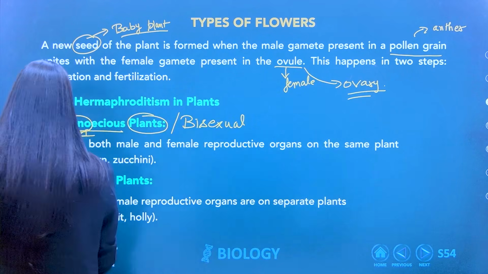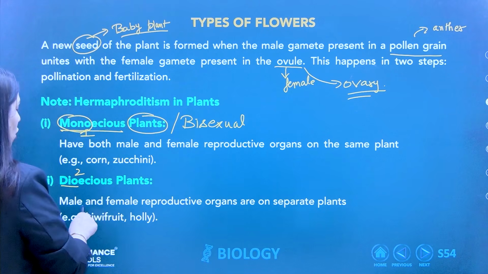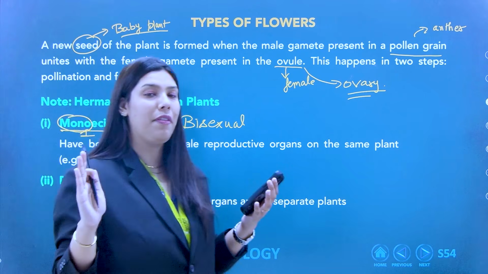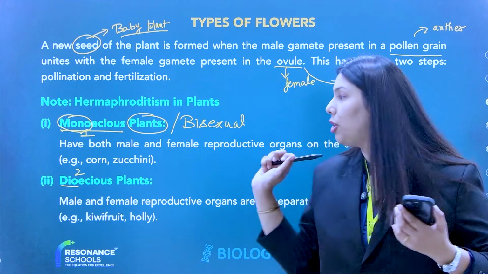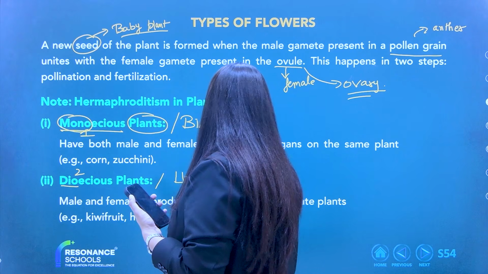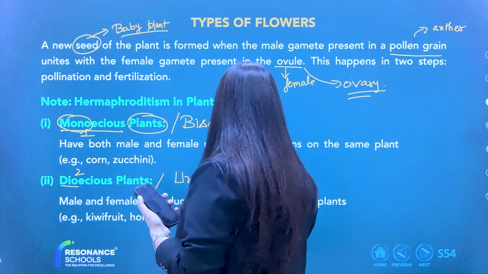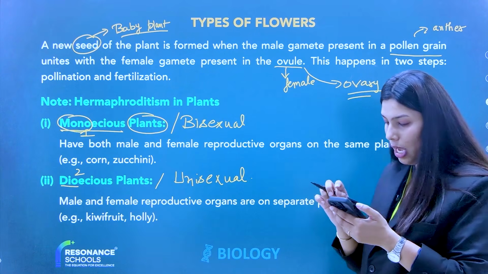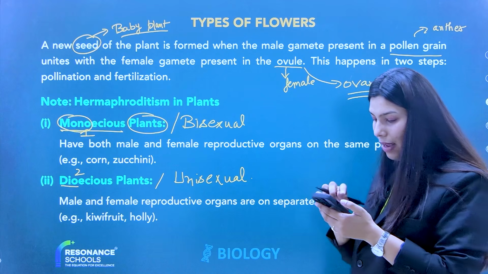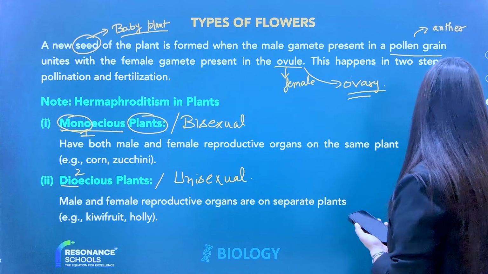Dioecious means male and female reproductive organs are separate, so if we are reading one flower, it will be unisexual. The names are a little opposite, but you don't have to get confused, even if you get a question. Fine, everyone up till here?